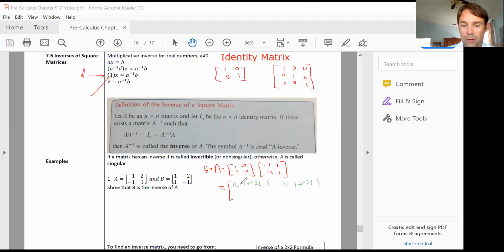So if I plug them in there, we got -1 and -1. Right here, we would have 2 and 1. Then we're going to go and do our second row. So we have 1 and -1.